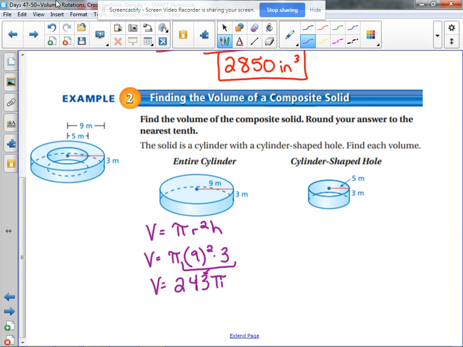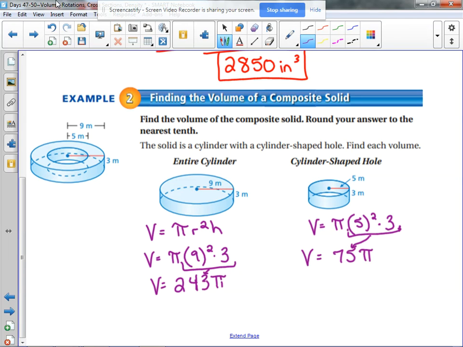Okay, we pulled the cylinder out, so let's find the volume of what we pulled out. Its radius is 5. It has the same height. So this one is 5 squared is 25. 25 times 3 is 75. So this one is 75 pi. Now, do we add those two numbers together?